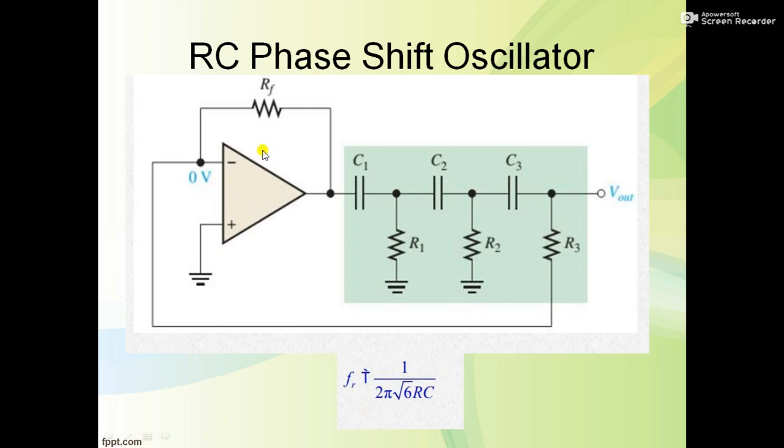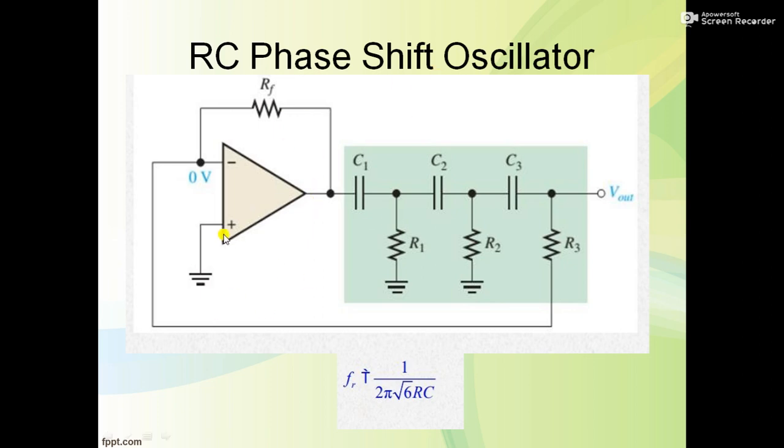For this amplifier circuit we have two supply voltages, one is plus VCC and another one is minus VEE. When you apply both supply voltages VCC and VEE of the op-amp, at that time it generates one distortion signal through this feedback resistor.